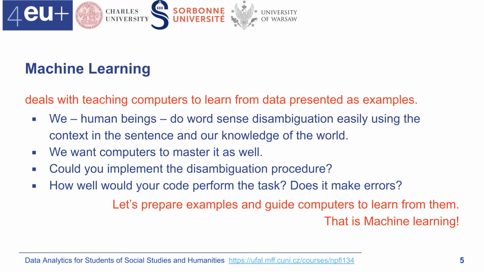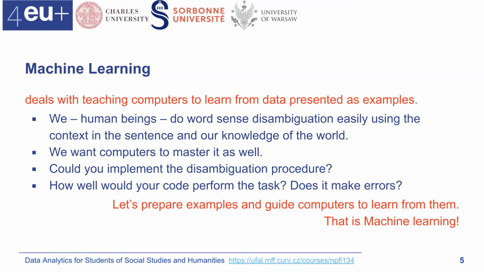So it means that we prepare examples, and then somehow, and I will explain what this somehow means, in machine learning we teach computers to learn from the examples that we prepared.